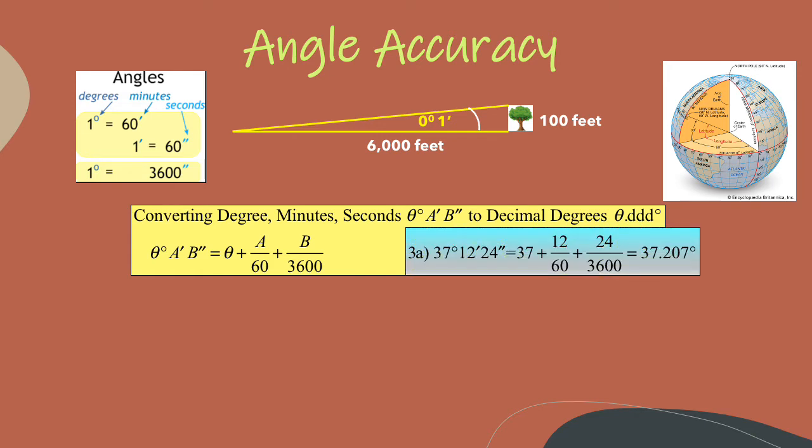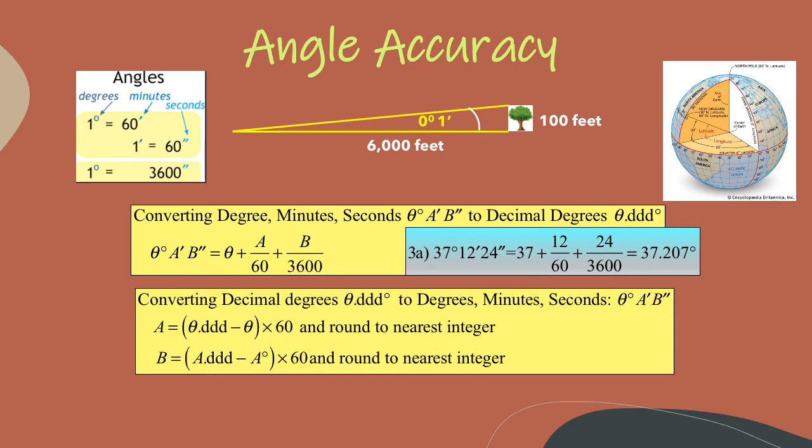So 37 degrees, 12 minutes, 24 seconds can be calculated as 37 plus 12 over 60 plus 24 over 3,600, which gives 37.207 accurate to 3 decimal places.